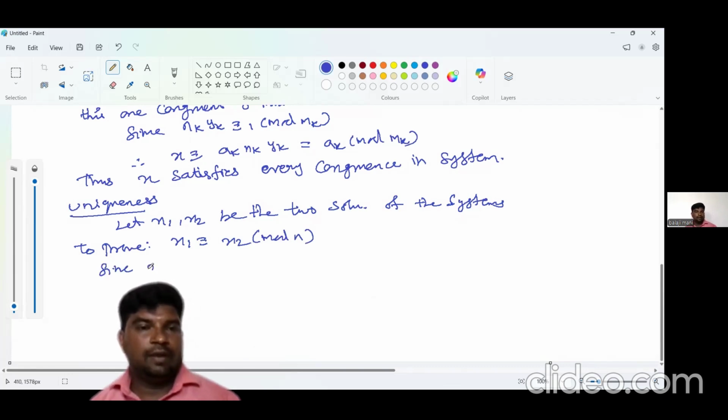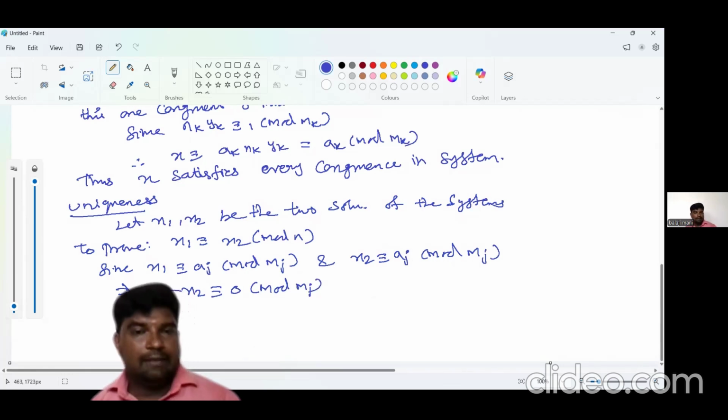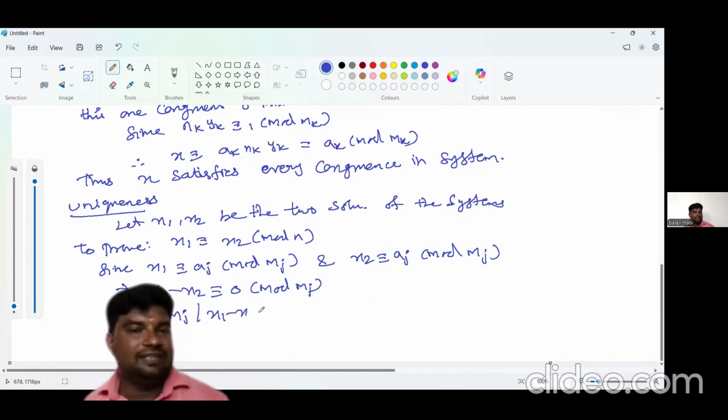Since x1 ≡ aj mod mj and x2 ≡ aj mod mj, now subtract these two congruences: x1 minus x2 is congruent to aj minus aj, which is 0 under mod mj. Which implies mj divides x1 minus x2 for every j.